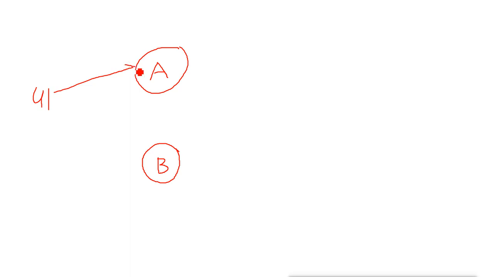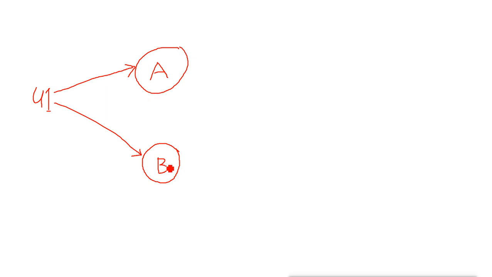So suppose there is one group A, and there is one more group B. So this user 1 can be a member of this group A, and also it can be a member of this group. Now a single user can be a member of two different groups.